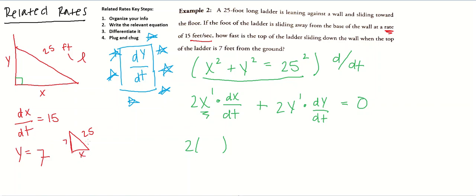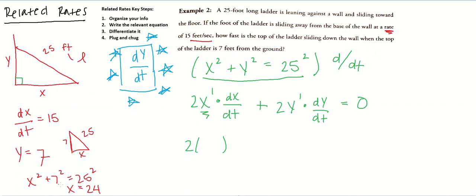Well, sure. I can just use the Pythagorean Theorem again. So x squared plus 7 squared is going to be equal to 25 squared. And now you just need to do a little bit of algebra and solve that for x. If you work through that and do all the algebra, hopefully you will get that x is equal to 24.